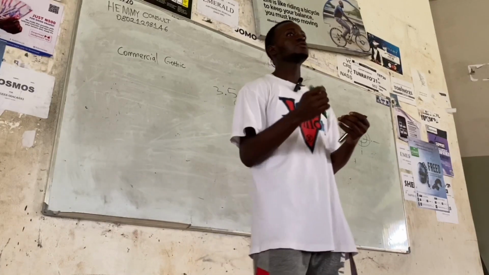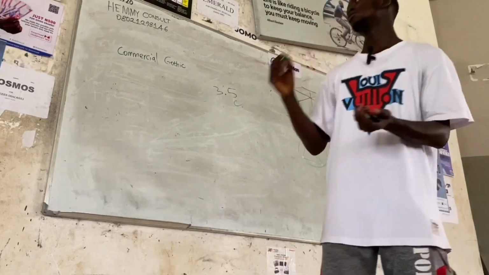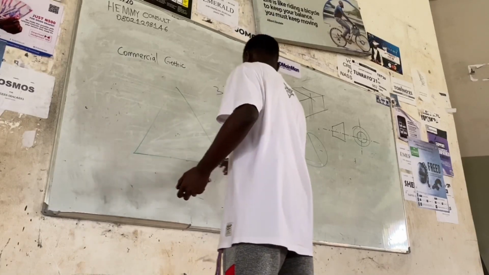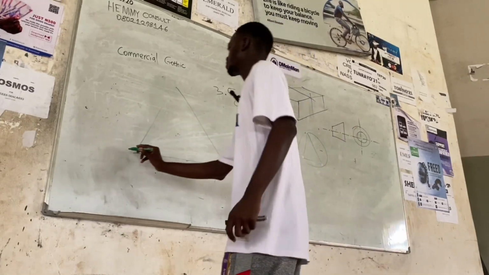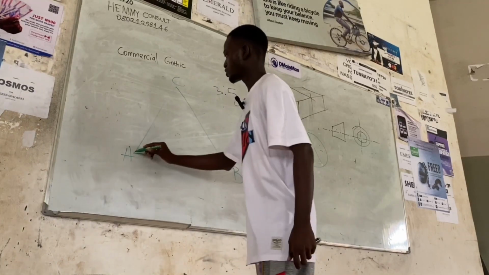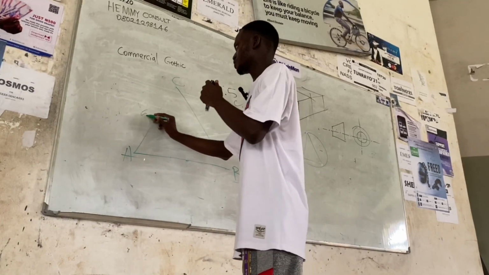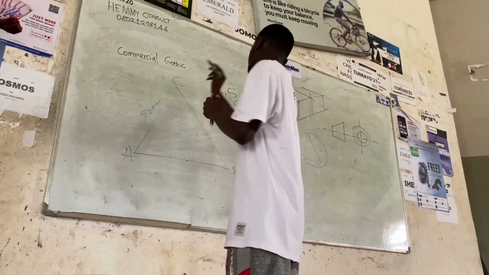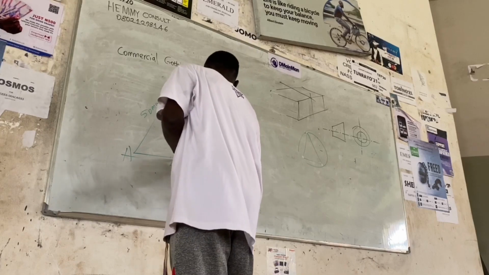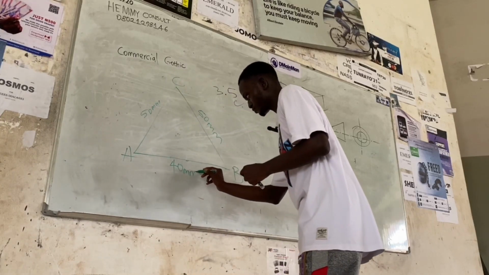Let's assume we are given triangle ABC. From here to here is 50 millimeter. This also is 50 millimeter, and this one is 40 millimeter.